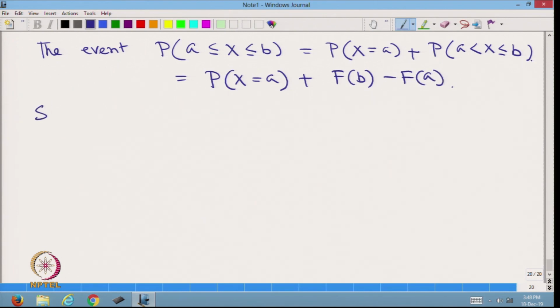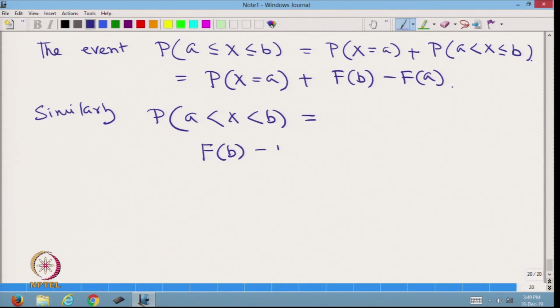Similarly, probability a less than x less than b is equal to F(b) minus F(a) minus probability x is equal to b.